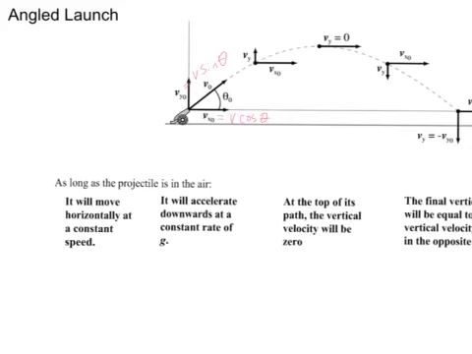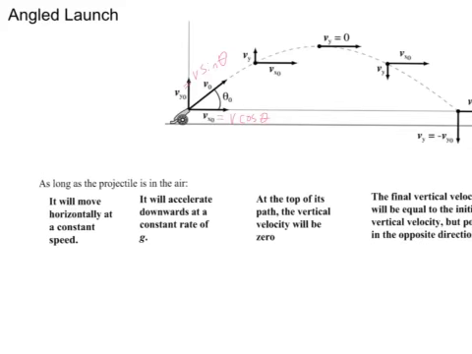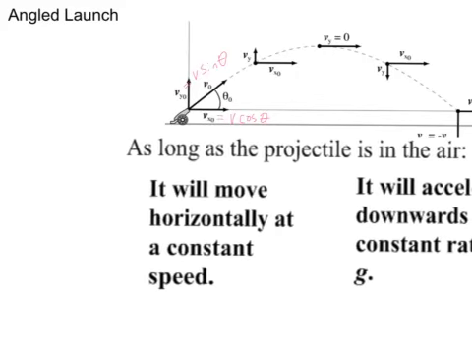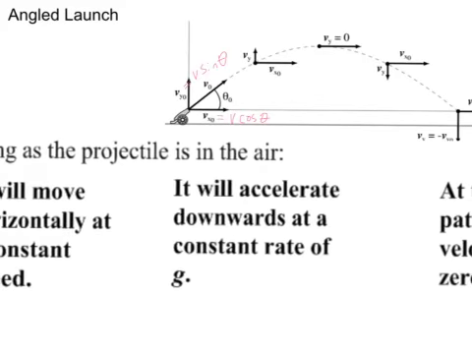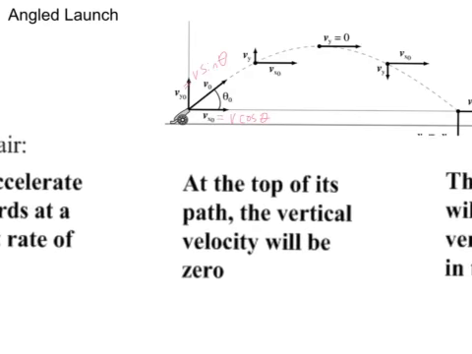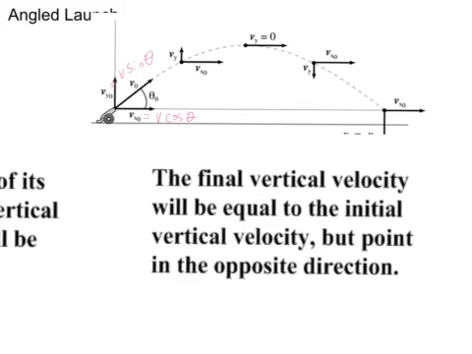Then you have to recognize and remember that as long as the projectile is in the air, it's going to move horizontally at a constant speed. It's going to accelerate downwards at a constant rate of g, and at the top of its path, the vertical velocity will be 0, the horizontal velocity will be constant, and the final vertical velocity will be equal to the initial vertical velocity, but pointing in the opposite direction.